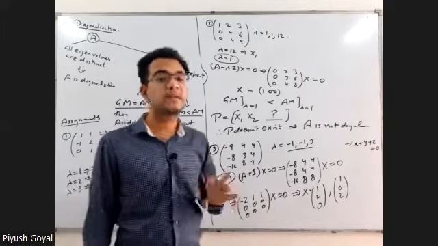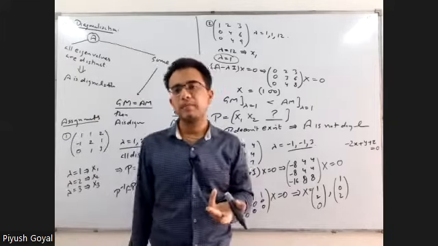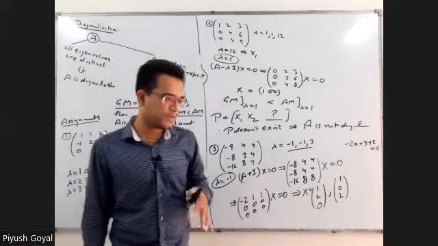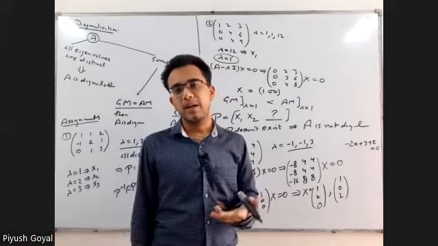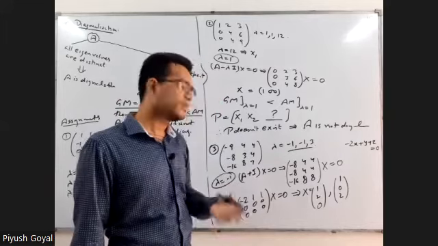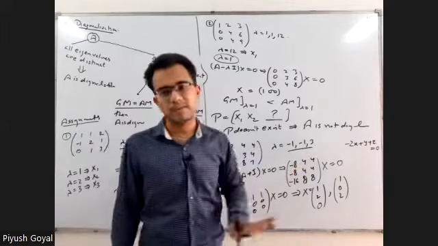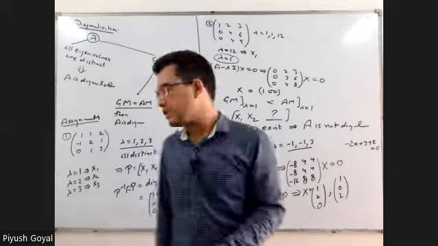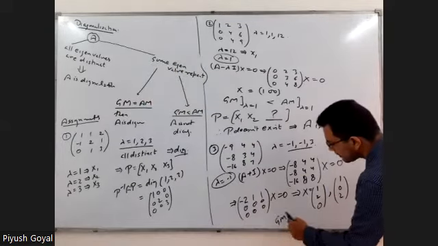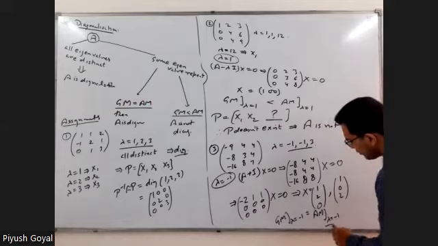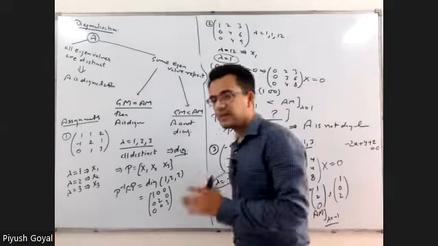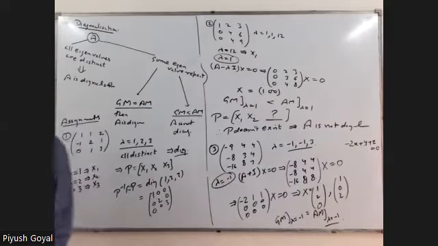Now again, the question can come in two ways: is it diagonalizable, or find P. If they want you to find the matrix capital P, then you will have to find the eigenvector for lambda equal to 3 also. Otherwise you say the geometric multiplicity of lambda equal to minus 1 equals its algebraic multiplicity, hence the matrix is diagonalizable. I hope this is clear to everyone, and I request you all to do these three numericals.